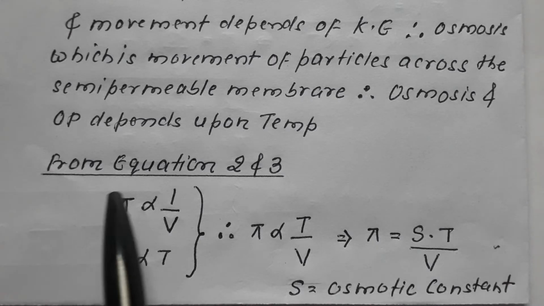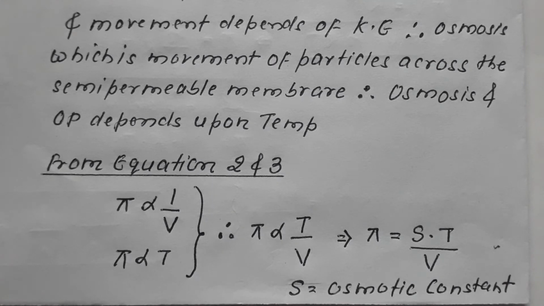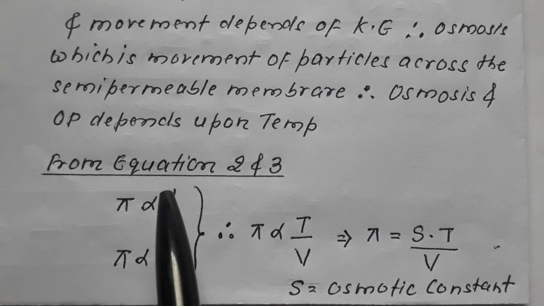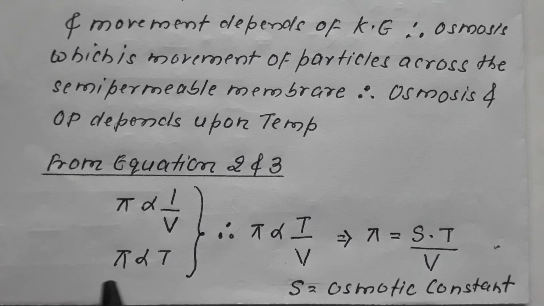Now from equations 2 and 3: what is equation 2? Pi is inversely proportional to volume. What is equation 3? Pi is directly proportional to temperature. If I combine these two, osmotic pressure pi is proportional to T by V. In order to remove the proportionality sign, we apply a constant.